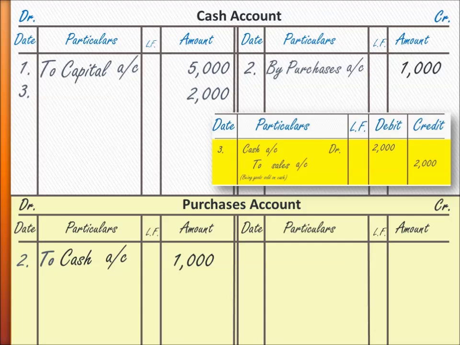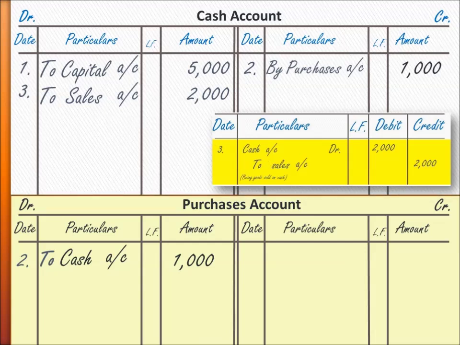And when cash account was debited, what was the opposite account? That was sales. So 'To sales account' rupees 2,000. It means we have debited cash account by rupees 2,000, or we can say cash account has been posted by rupees 2,000 on debit side, whatever you say.